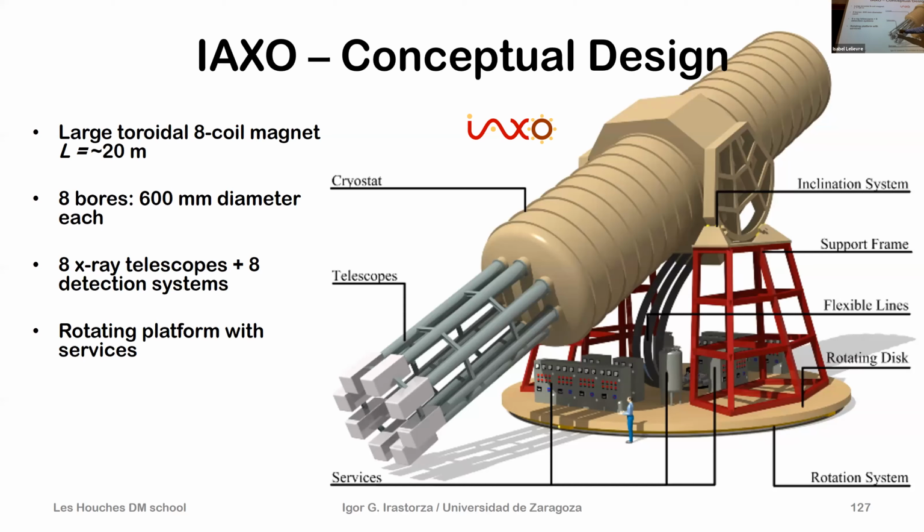And each one of these spots is imaged by very sensitive low background detectors, which are surrounded by shieldings that are here represented by a box, but it will be much more complex. And all this can rotate and can track the sun for a much larger time than CAST.